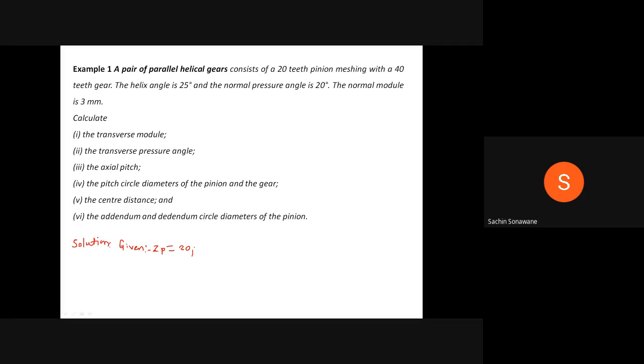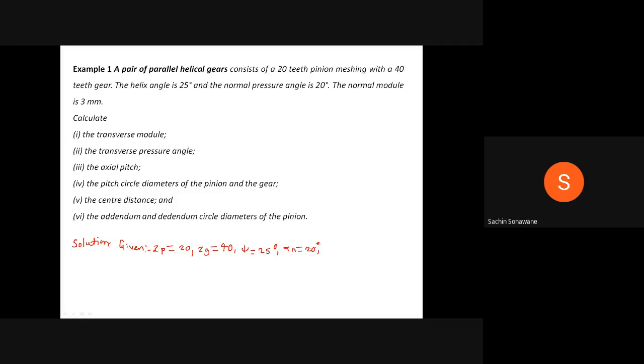Now, ZG is equal to 40. Helix angle they have given, that is psi. Helix angle psi is equal to 25 degree. Normal pressure angle alpha n is equal to 20 degree.